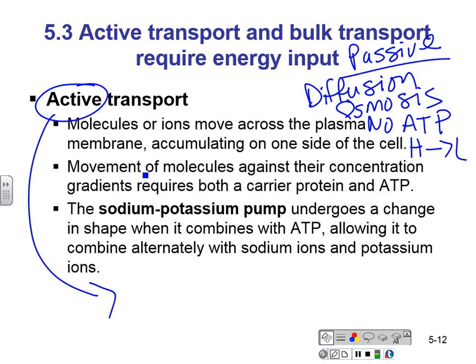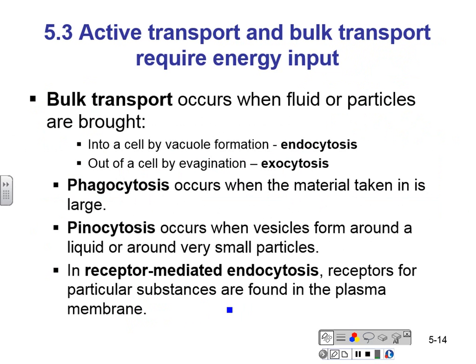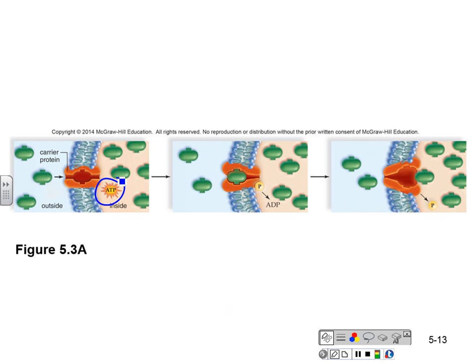Well, active, you're going to be moving from low to high, and you need ATP in order for this to occur. So this example is trying to show you that ATP needs to bind to this enzyme to allow this molecule to be brought in. And when I talk about low concentration versus high concentration, there's 3 molecules over here as opposed to 5 here. So this is low and this is high. You're moving from low to high.